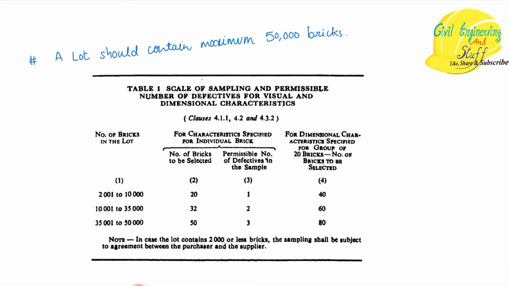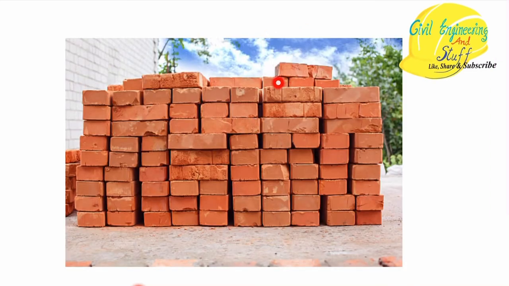In a lot, if we have a lot size of 2001 to 10,000 and we want to assess the individual dimension of the brick, in that case we will take 20 bricks.